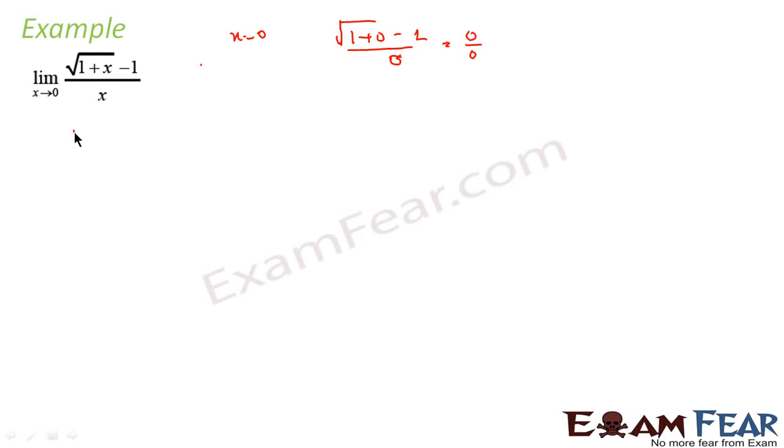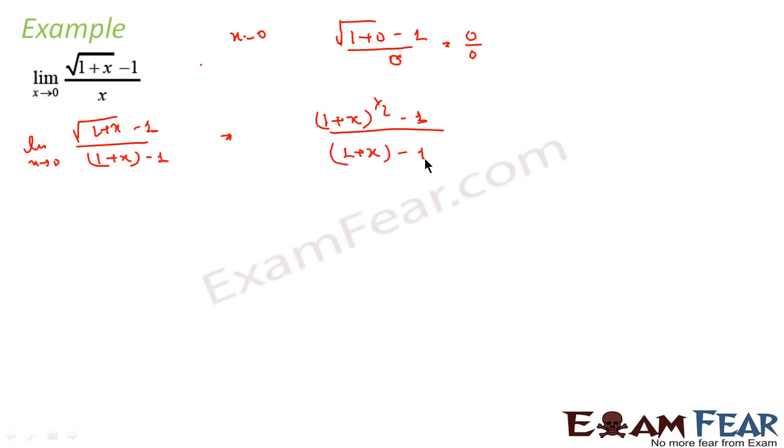So we'll write this in this form: 1 plus x to the power 1 by 2 minus 1 by 1 plus x minus 1, limit of x plus 1 tends to 1.